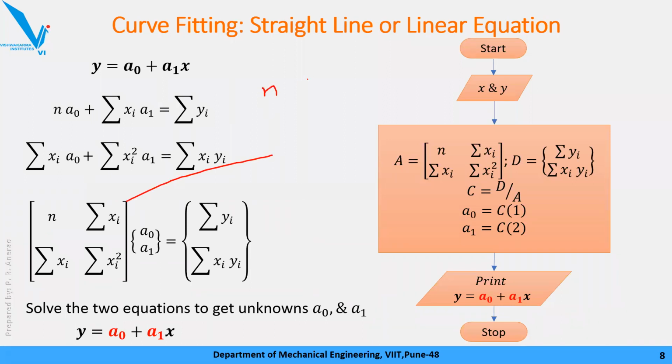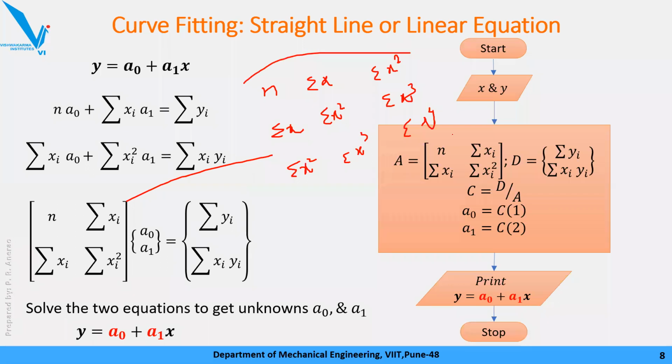It is n, summation of x, summation of x square, then summation x, summation of x square, summation of x cube, summation of x square, sum x cube, sum x raised to 4. बस ये instead of writing 2 by 2 matrix, you will write 3 by 3 matrix. Similarly D में भी क्या होगा, और एक टर्म आ जाएगी summation of x square y.